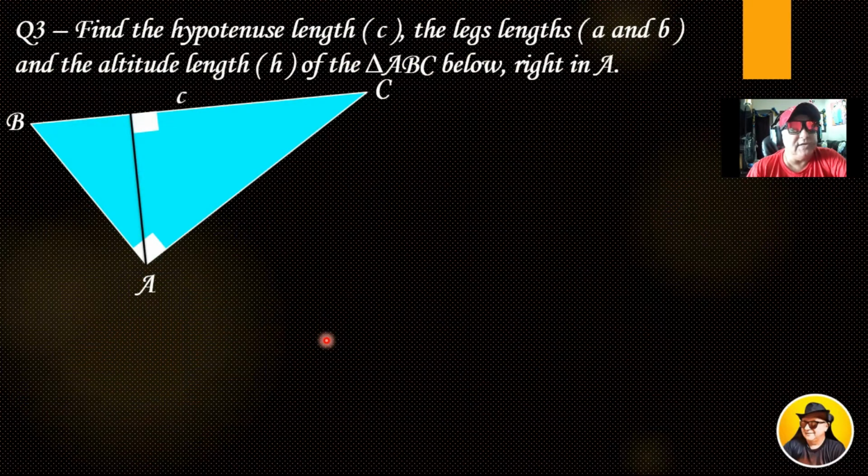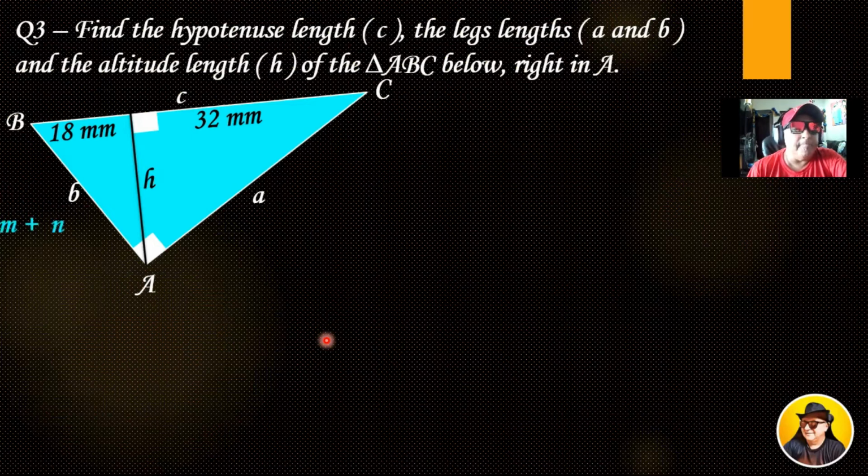The hypotenuse is C. A and B are legs. H is the altitude. Okay, 32 and 18 millimeters are the projections. So we know the projections and we have to calculate A, B, C, and H.